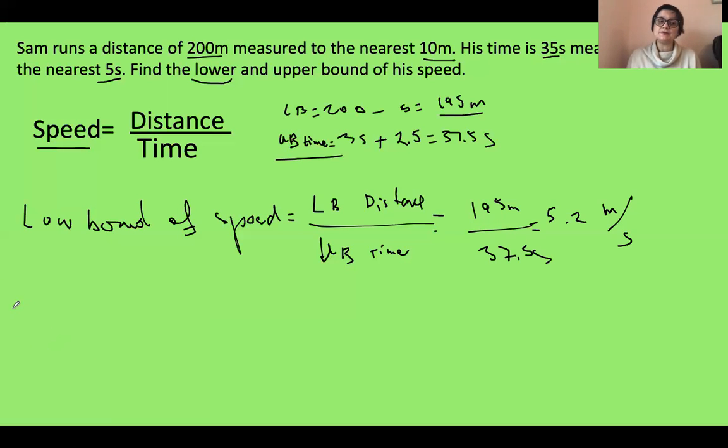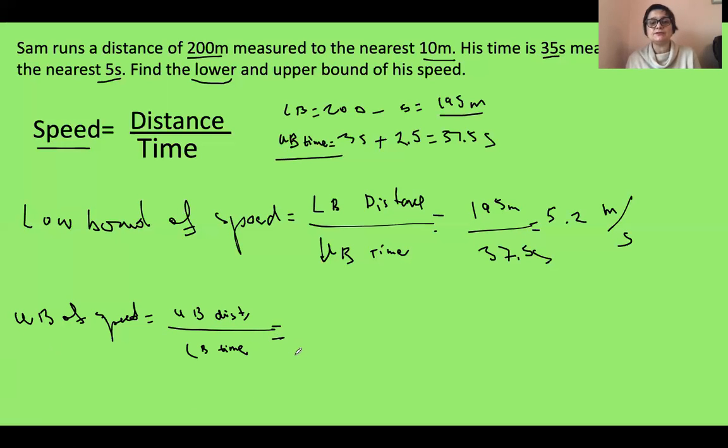Now, upper bound of the speed. I'm going to put upper bound of speed. Then in this case, of course, we're going to need the upper bound of distance over lower bound of time, because you need the highest value of the fraction.